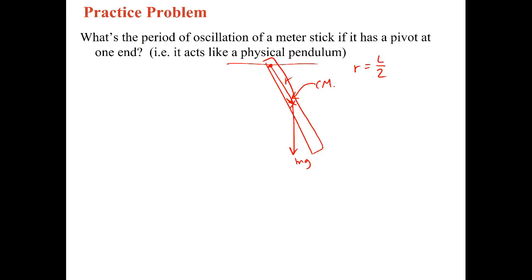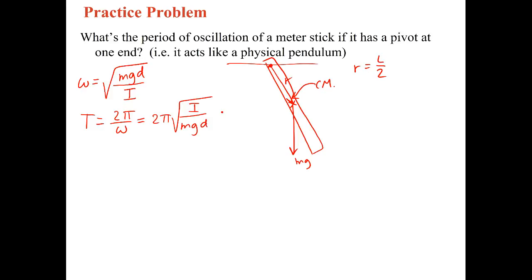Okay, and we know that omega is the square root of mgd over I. This means that the period is 2 pi over omega, so it'll be 2 pi times the square root of I over mgd.